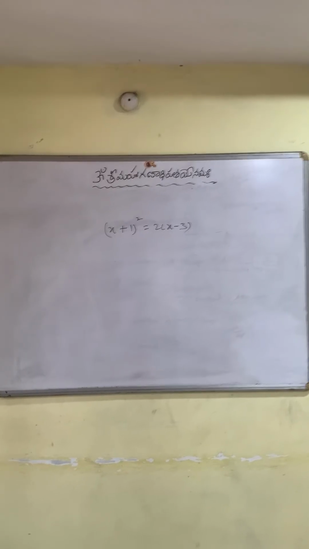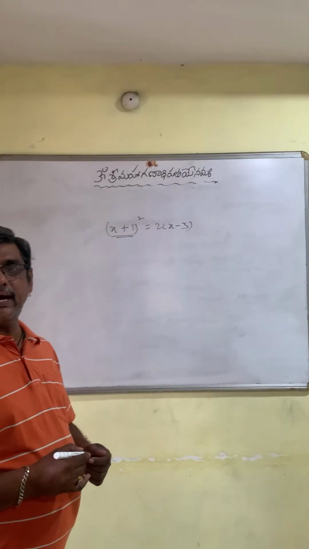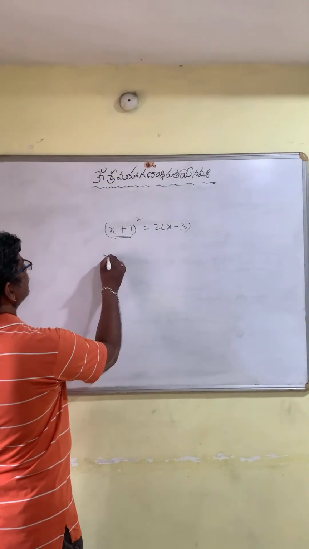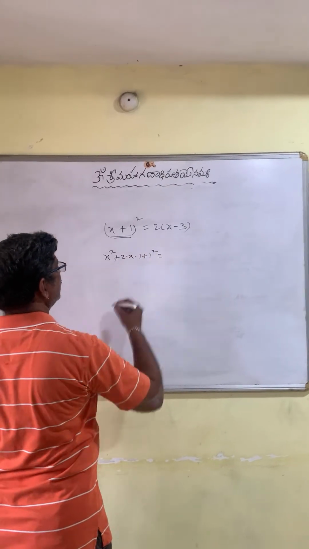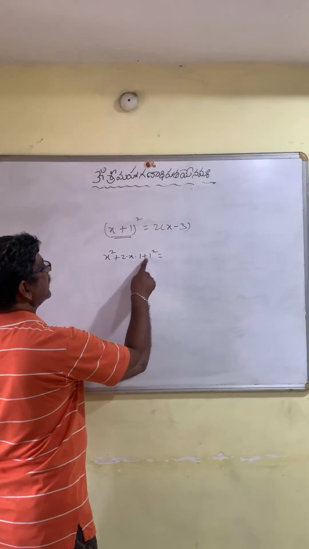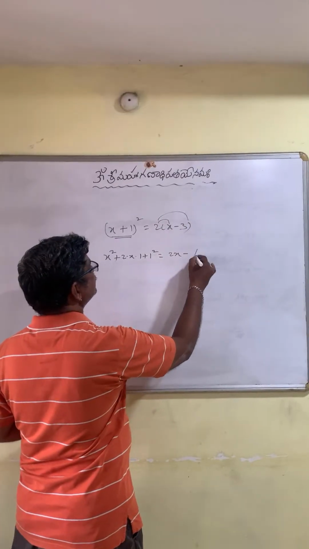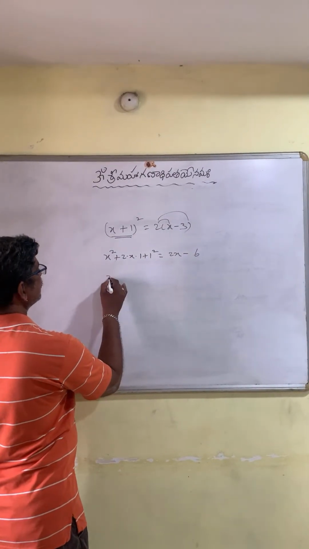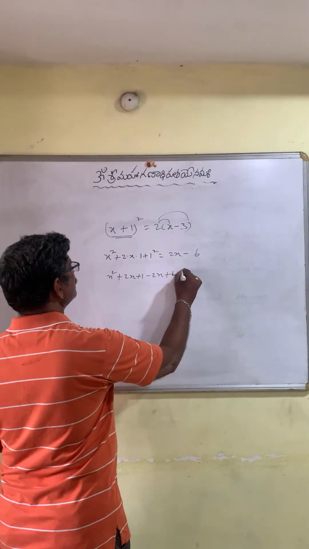Then simplify it and tell me whether it is a quadratic equation or not. Yes, it is a quadratic equation. Let me explain that one. This is in the form of (a plus b) whole square, so we can write it as a square plus 2ab plus b square. So x square plus 2x plus 1 is equal to 2x minus 6. Bringing all the terms to this side: x square plus 2x plus 1 minus 2x plus 6 is equal to 0.